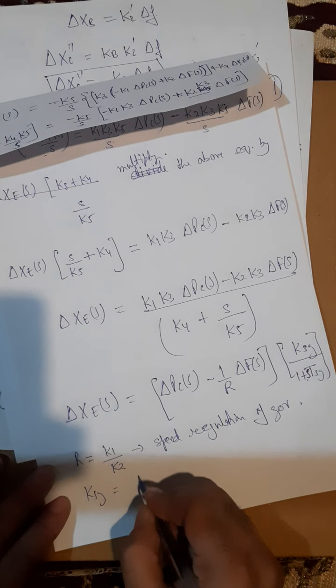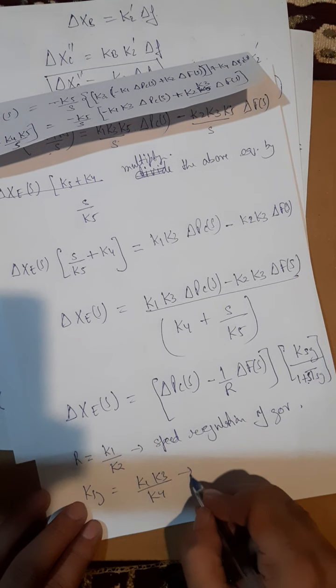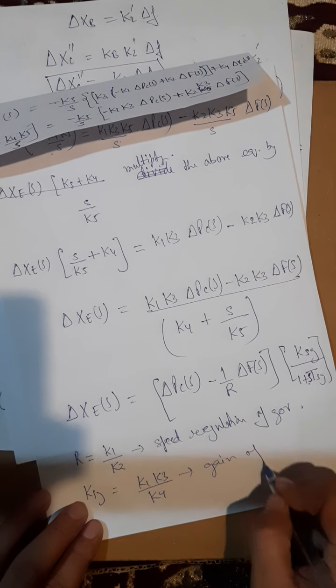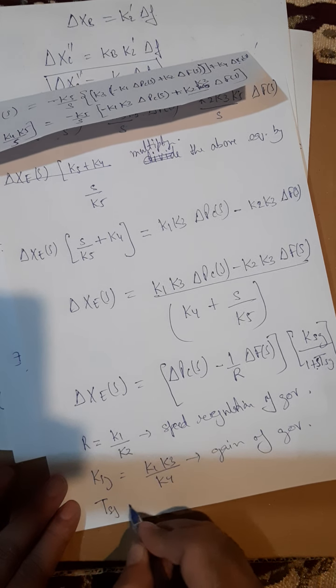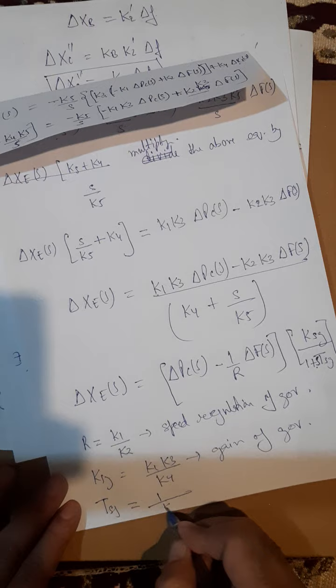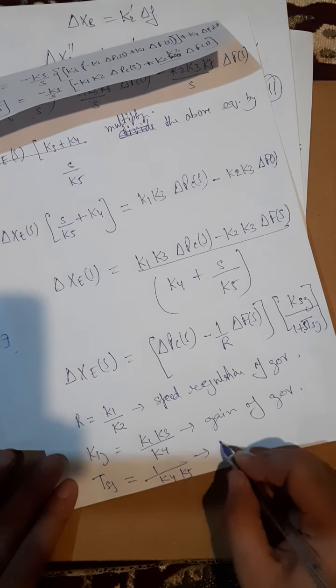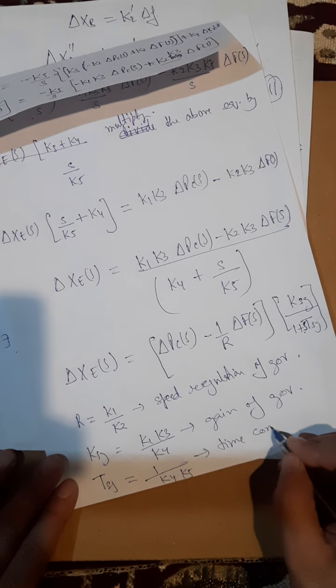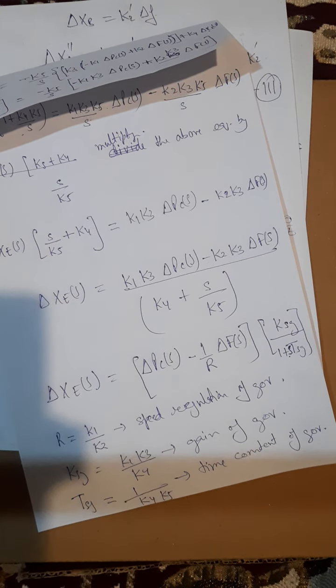KSG will be equal to K1 K3 by K4, which is called the gain of governor, and TSG is nothing but 1 divided by K4 K5, which is called the time constant of governor.